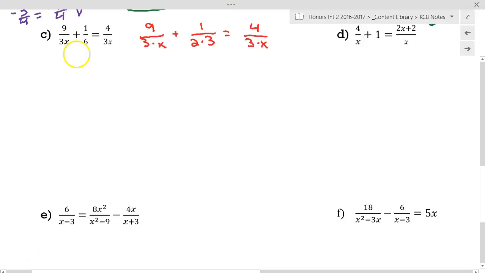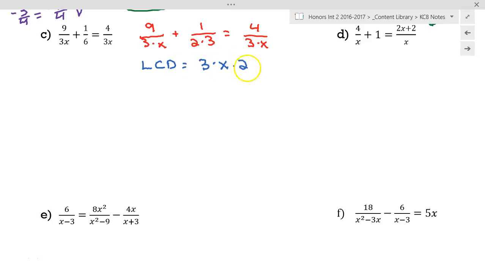So for my least common denominator, right, I need a 3, an x, and a 2, right? I need a 3, I need an x, and then I need that 2. So this first one is missing a 2. This second one is missing an x, and this one's missing a 2.